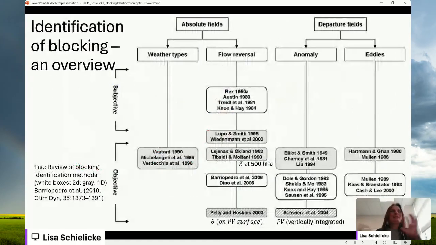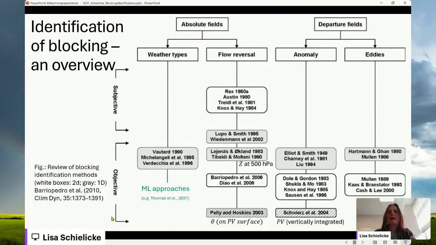There is a multitude of identification methods for blocking. It goes back to Rex's definition of blocking in the 1950s. And Barriopedro and his colleagues did an overview of different methods, divided into absolute fields and departure fields, and subjective and objective methods.